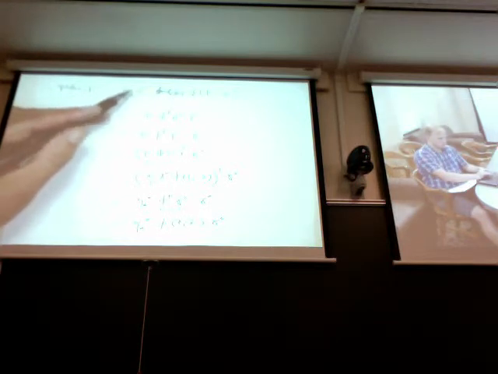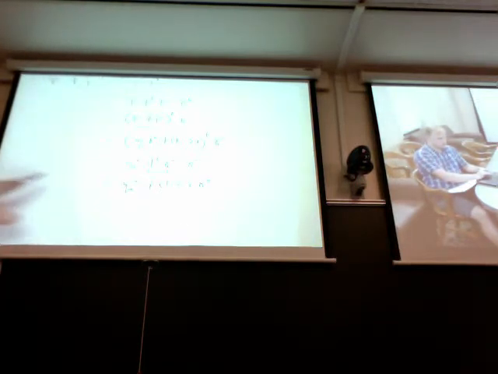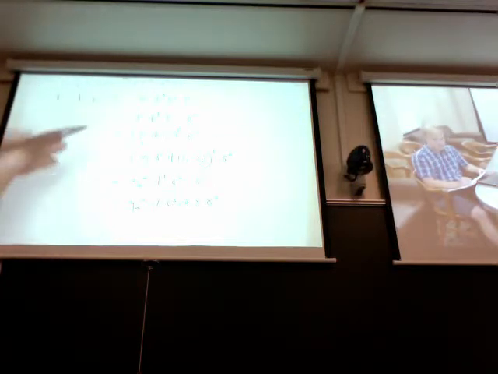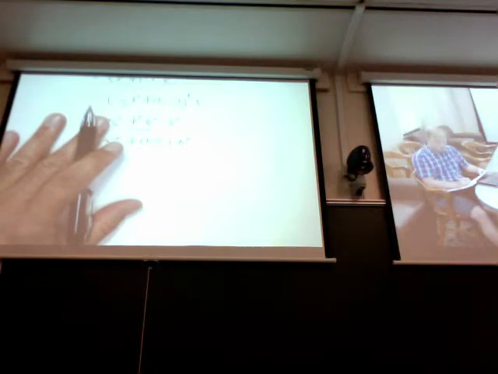So the difference is just a change in the phase. It's the complex conjugate of the phase when I go from transforming psi to transforming psi bar. Okay, so we know how psi transforms under parity, and we know how psi bar transforms under parity.